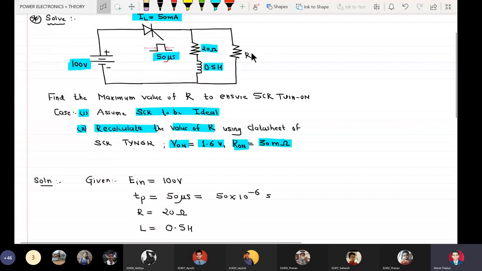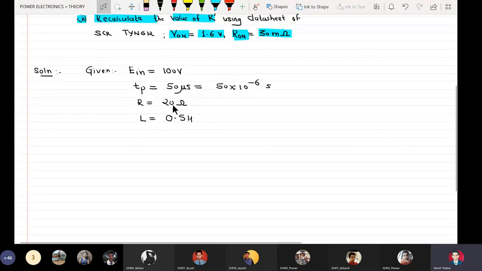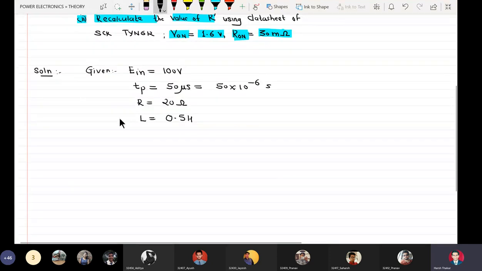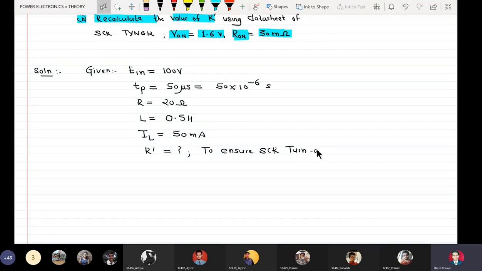Okay, fine. So we can say R dash here because we already have used R. And the latching current given is 50 milliampere, and R dash is unknown, to ensure SCR turn on or latching.